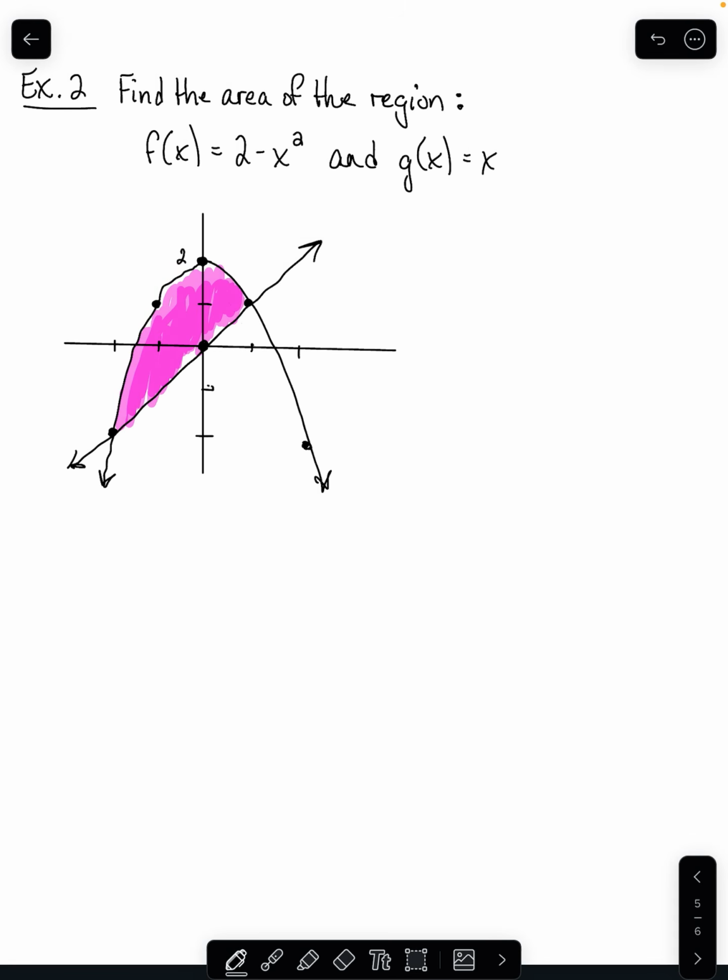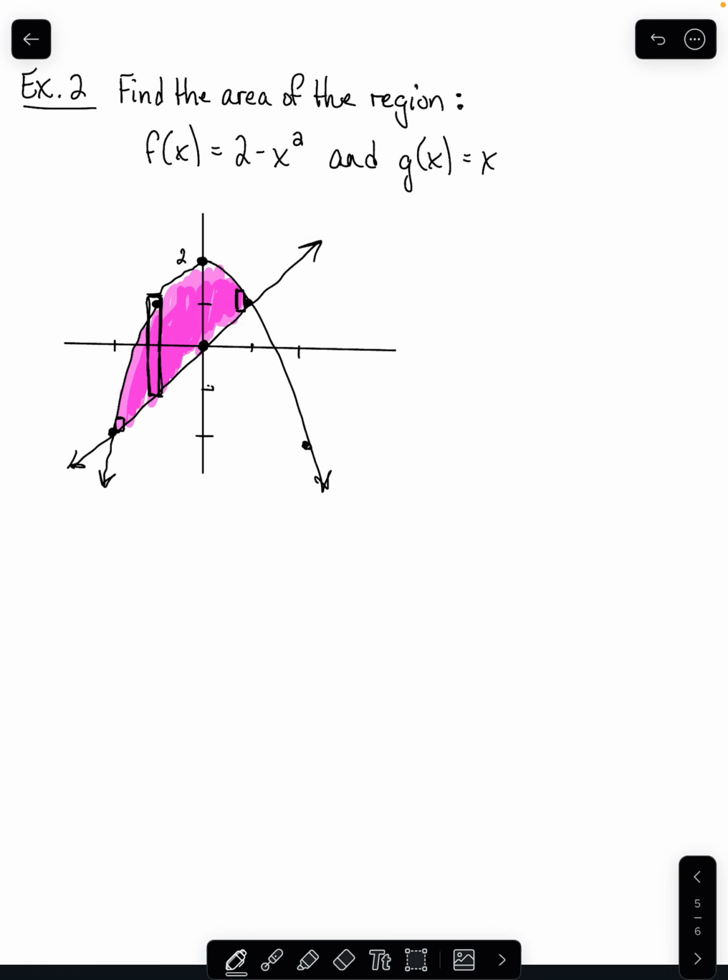Now, any rectangle drawn in this region, if we were to partition in the nature of a Riemann sum, would be bound from above by the parabola and bound from below by the linear function. But the limits of integration are going to come from how far to the left can we draw a rectangle and how far to the right can we draw a rectangle.